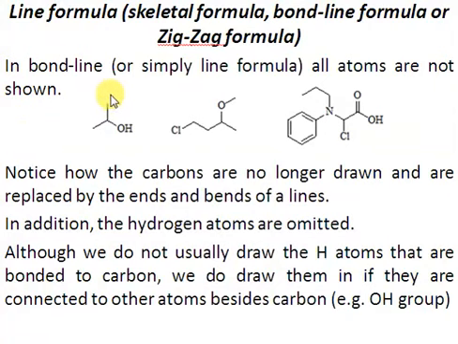Whenever there is a terminal like that, it means there is a methyl group. Similarly, there is a methyl group here, and whenever there is an intersection, it has a carbon. So an intersection means there is a carbon, and you just count the number of bonds to this carbon. It has three bonds, so the fourth bond will be with hydrogen. So this structure has a CH here, a methyl here, and a methyl here, right?